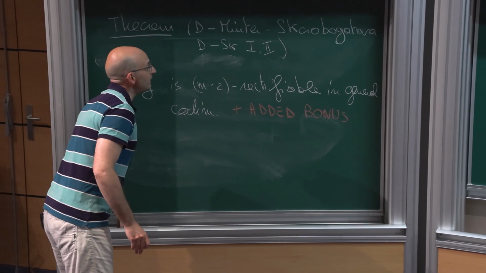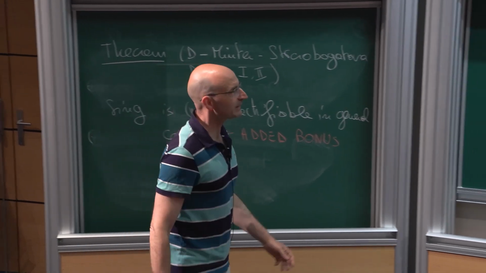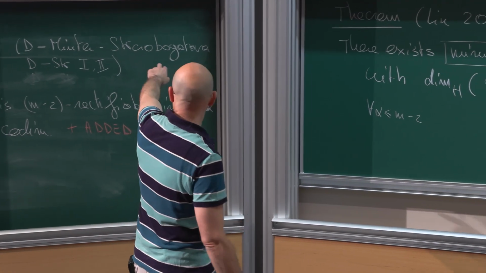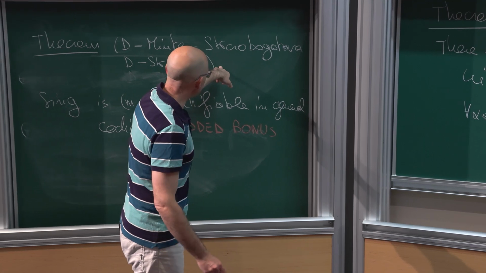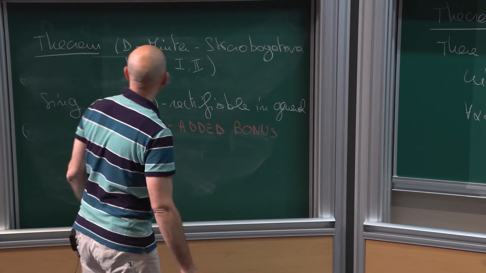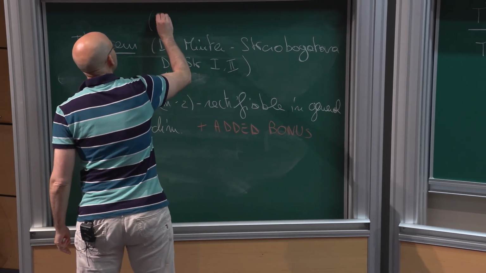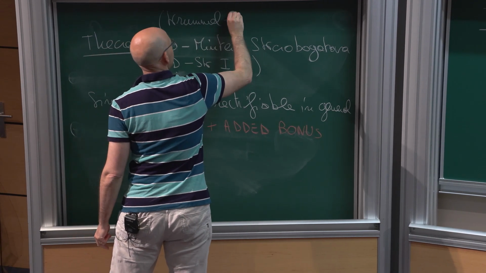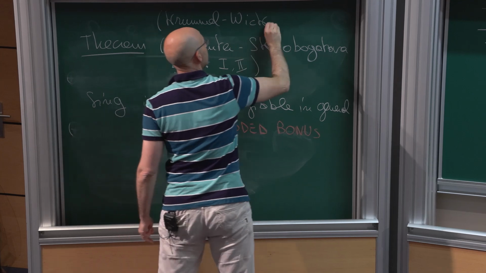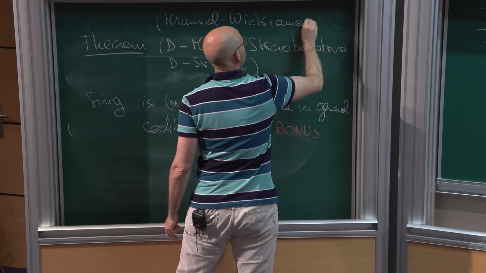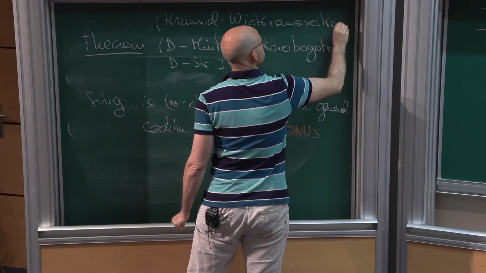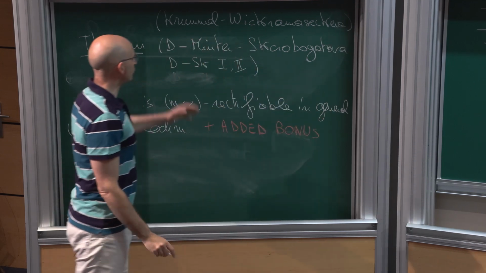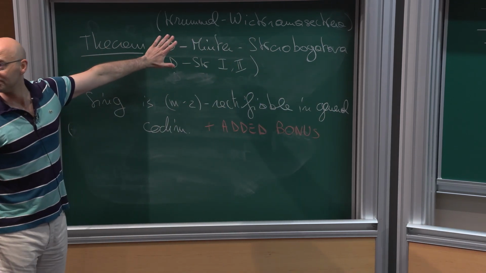Okay, so this is the fun of mathematics. Even though this theorem took like 40 years to be proven, at the same time, it has been proved by Krummel and Wickramasekera. And the proof is also split into 3 papers.